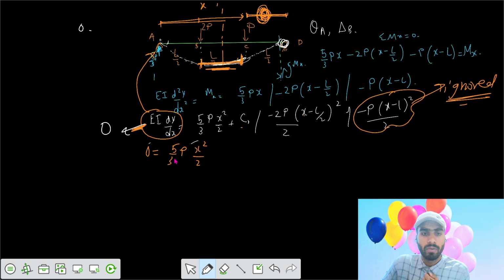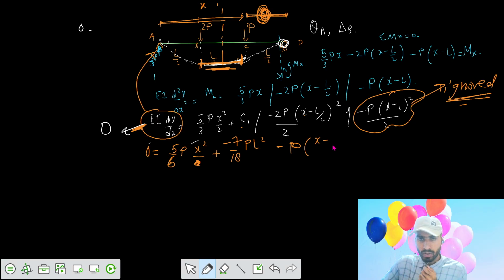So finally we can write 5 by 6 of x square, plus your c1 value was 7 by 18 PL square. Then after that you had minus 2P, that is P into x minus L by 2, squared. You had to solve this quadratic, this square equation.